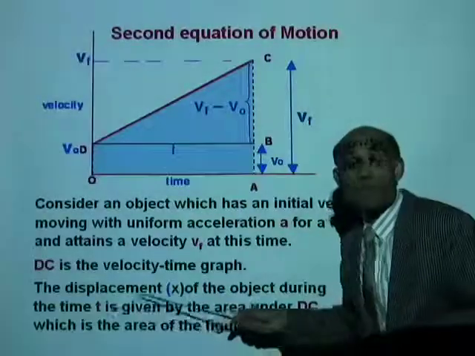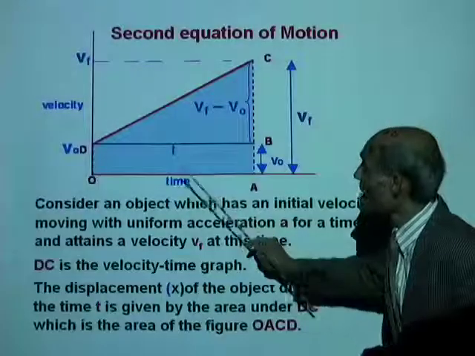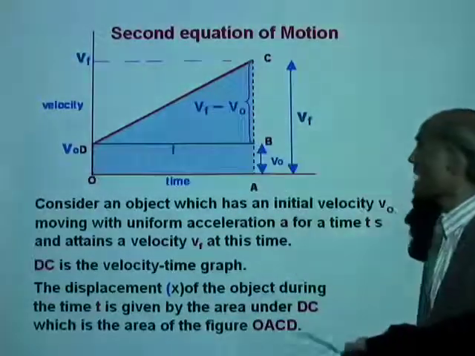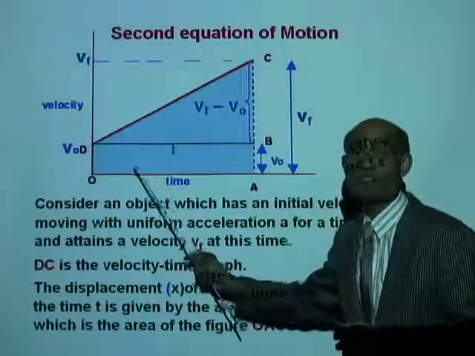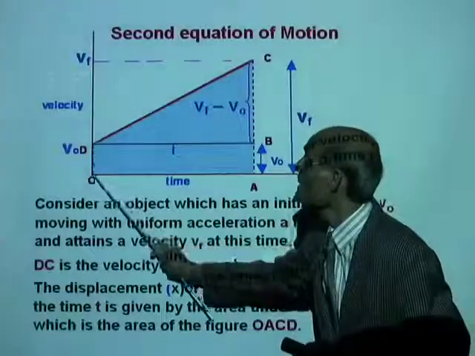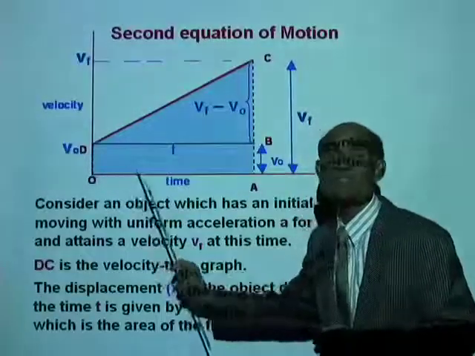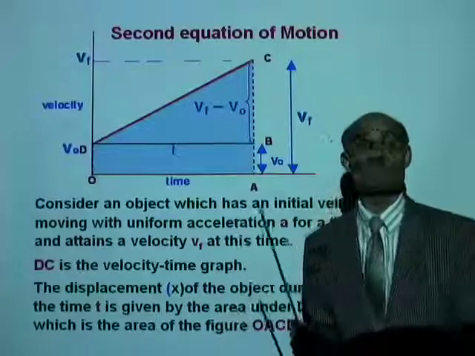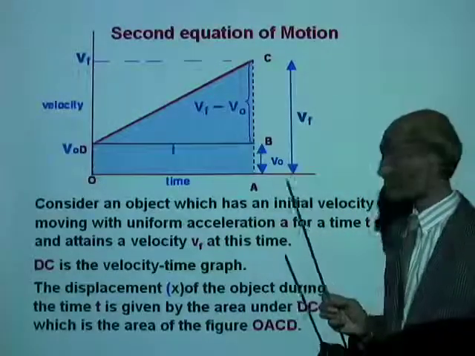The displacement x of the object during this time t is given by the area under that graph. In other words, if you can now measure the area of this shape OACD, the area of this figure OACD, is a measure of the displacement of the object. Can you tell me what that area is?